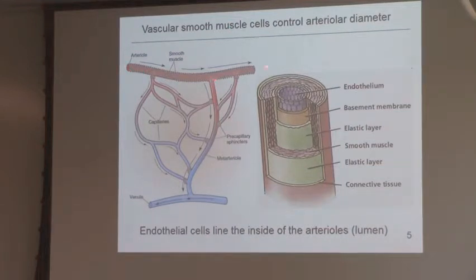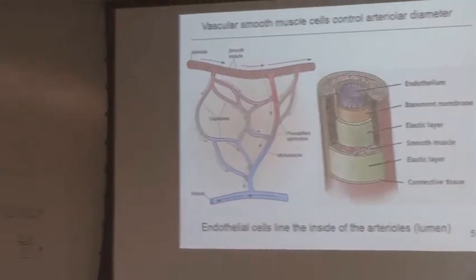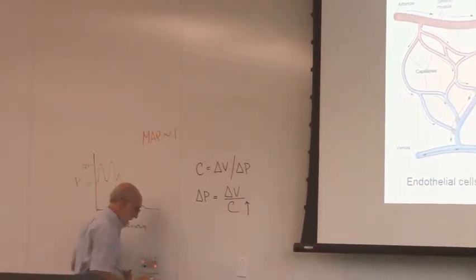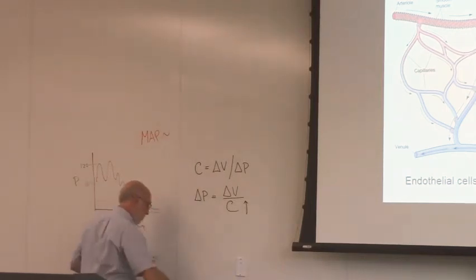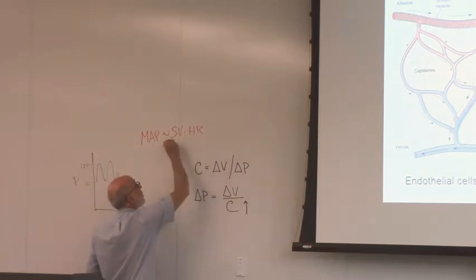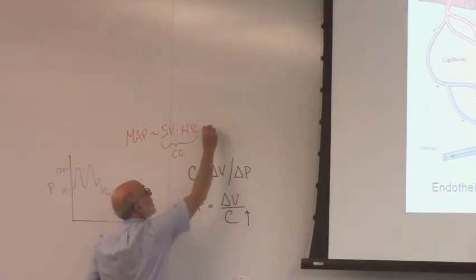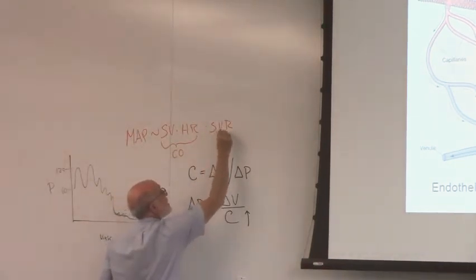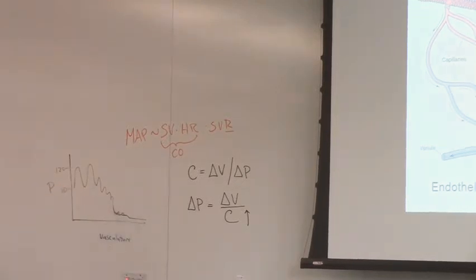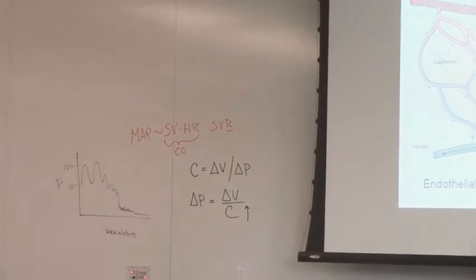But if we constrict a lot of these arterioles, I'm going to put the pressure equation on the board. Mean arterial pressure approximately equal to stroke volume times heart rate, that's cardiac output, times systemic vascular resistance. If we constrict a lot of those arterioles, we're going to change resistance, global resistance.